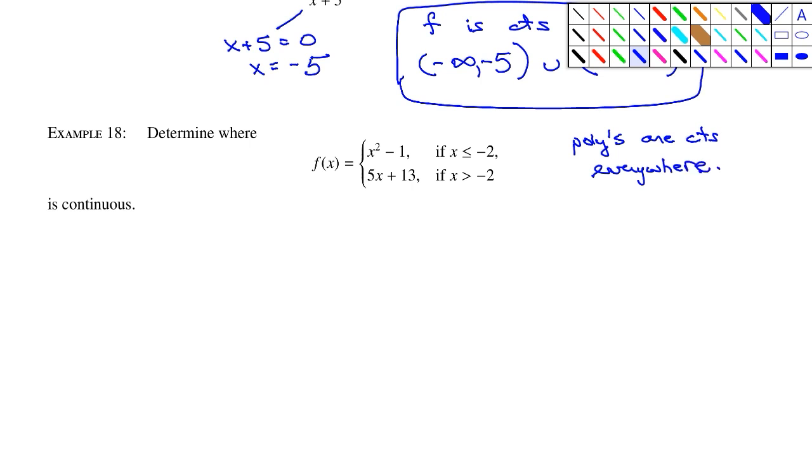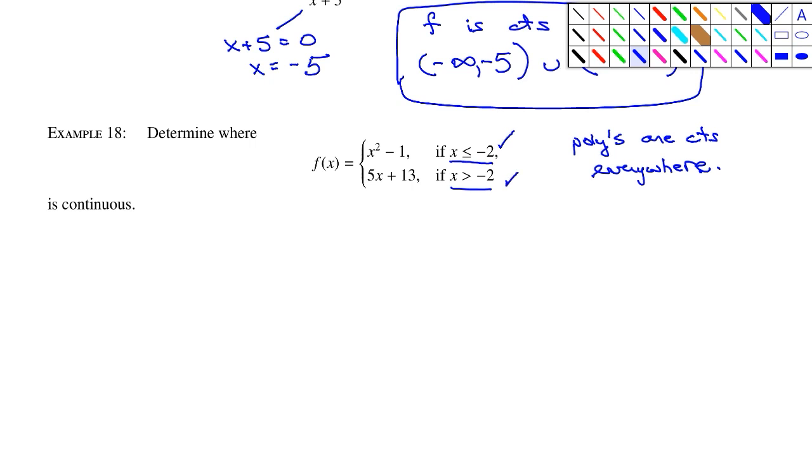So what that means for us here is that we know that for all of the x's that are less than -2, the function is continuous because it's x squared minus 1. And for all the x's where x is greater than -2, it's 5x plus 13, so that's continuous everywhere.